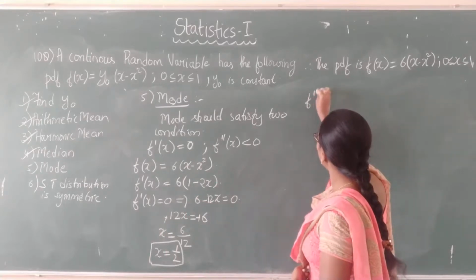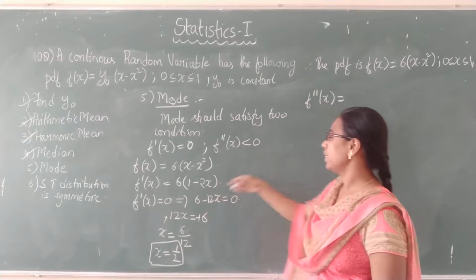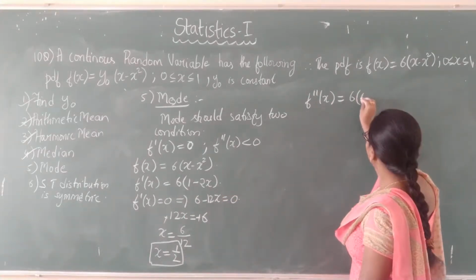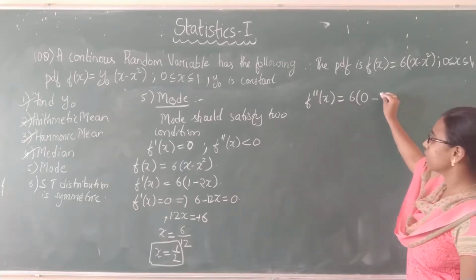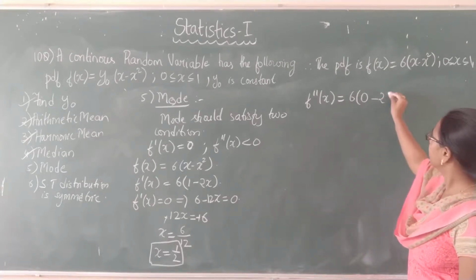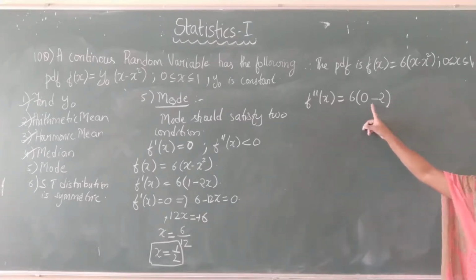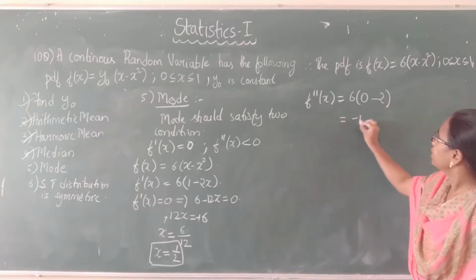So f double dash of x equals to, it is a constant, 6 into constant differentiation is 0 minus 2 into x, it is 2. So now 6 into 0 is 0, 6 into minus 2 is equals to minus 12.